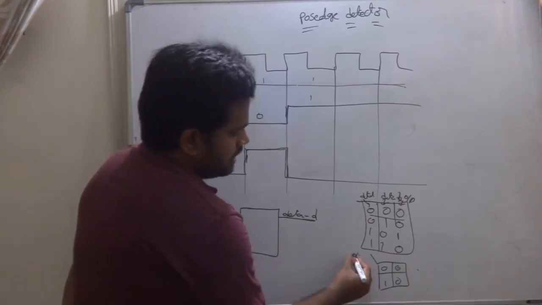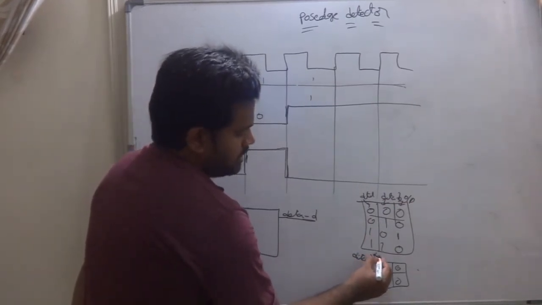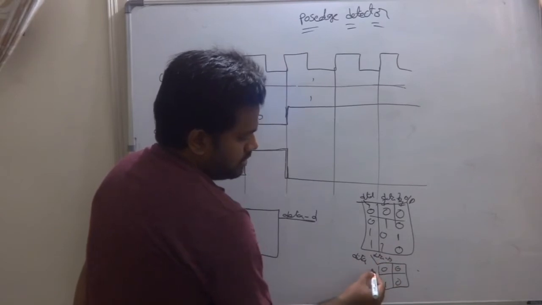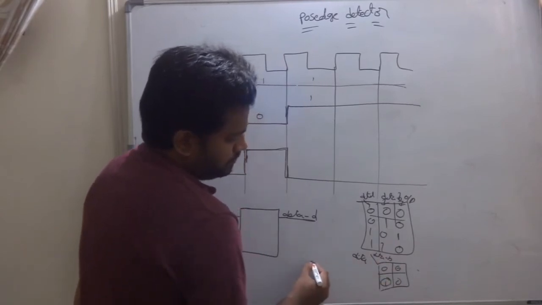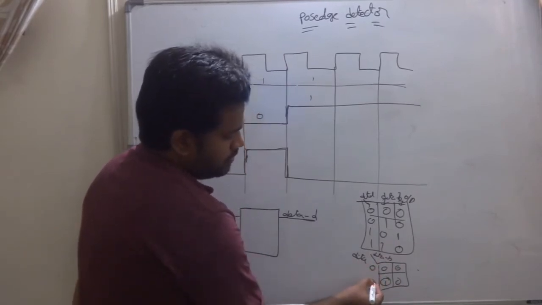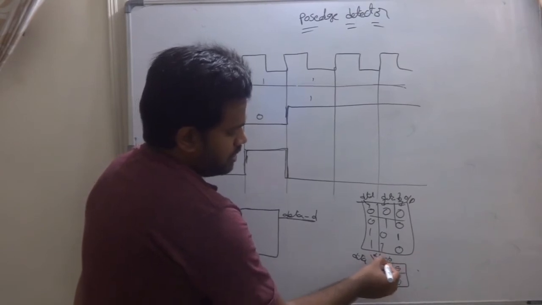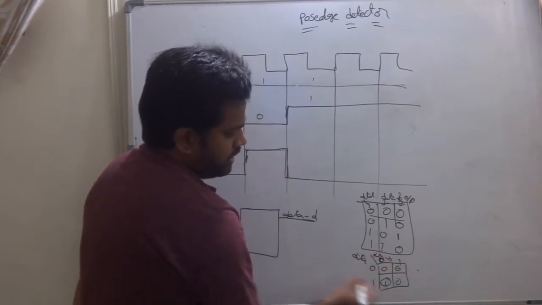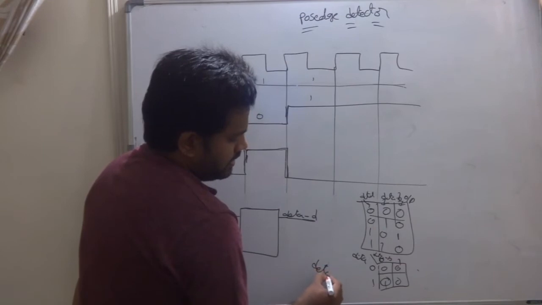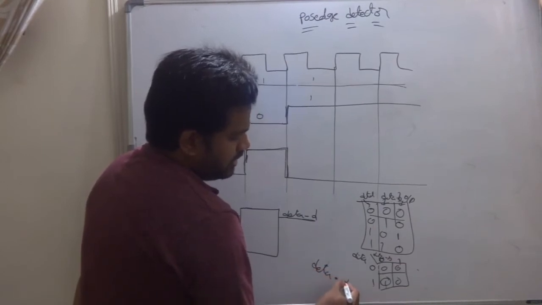Now, this is data, this is data underscore B. Then, what is this one? 0, 1, 1, 0, 1, right? Here 1, right? Data dot data underscore B bar.